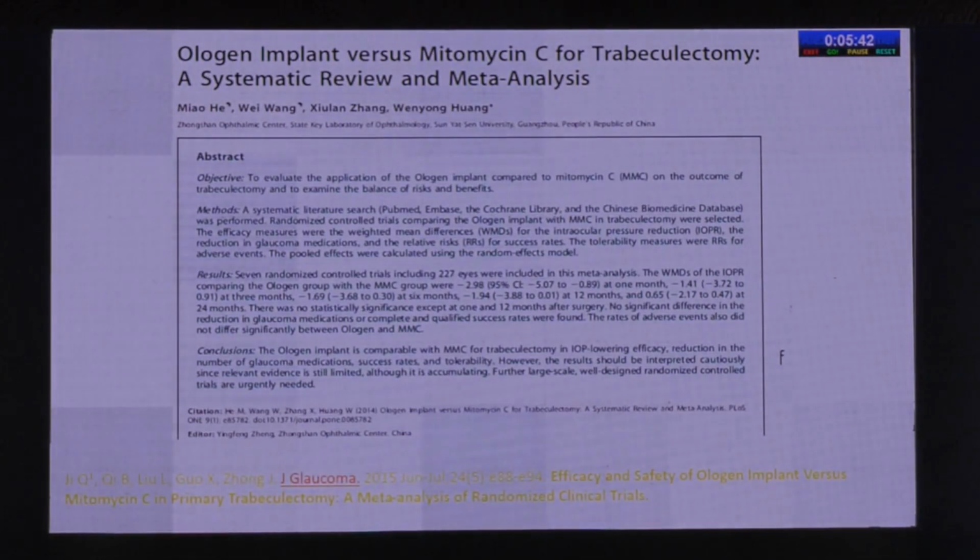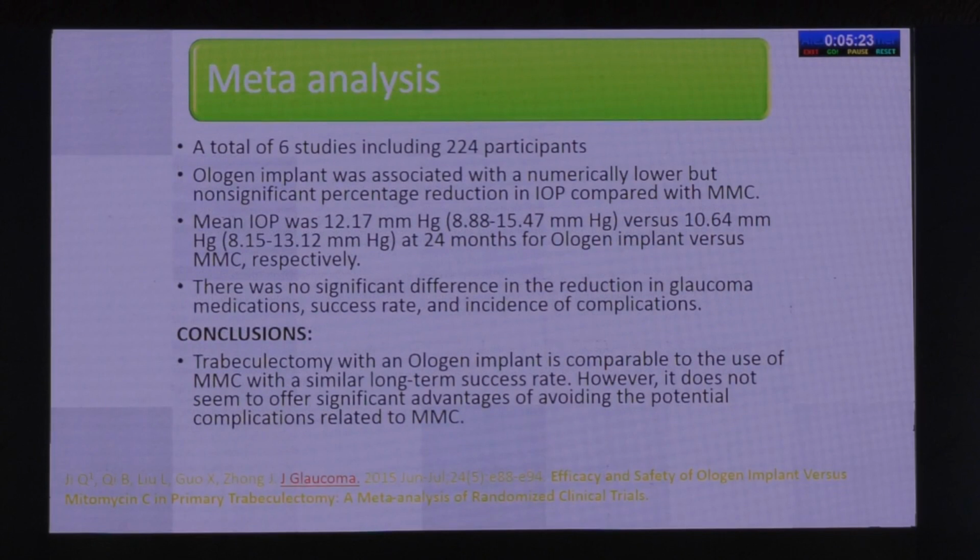There are various systematic reviews and meta-analyses, and they have seen that the effect of Ologen and mitomycin C with trabeculectomy is comparable in reducing the intraocular pressure, in reducing the number of anti-glaucoma medications, and in improving the success rate.